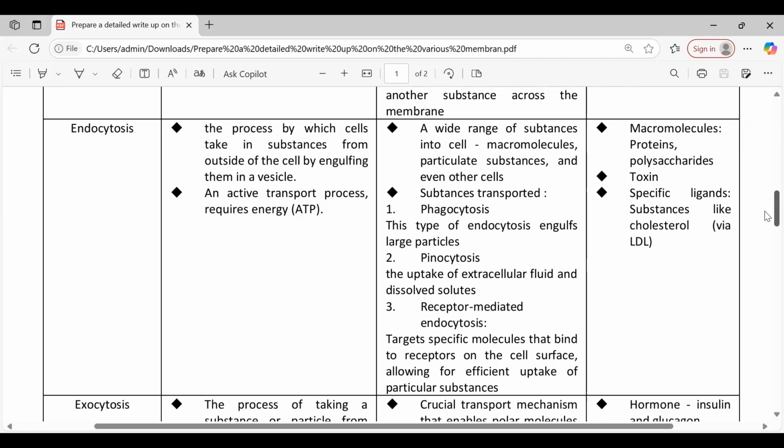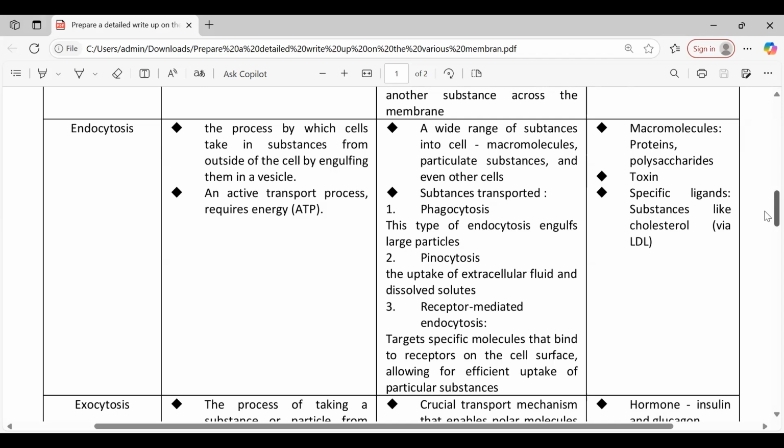For the types, we have 3. Number 1, phagocytosis: this type of endocytosis engulfs large particles. Pinocytosis is the uptake of extracellular fluid and dissolved solutes.